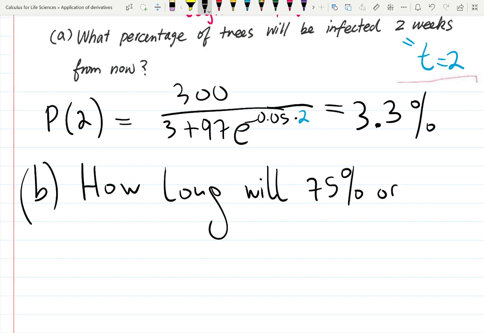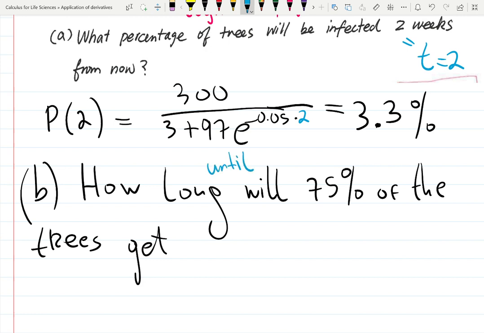B. How long will 75% of the trees get infected? How long until? Okay, let's put it: how long until? Good comment.